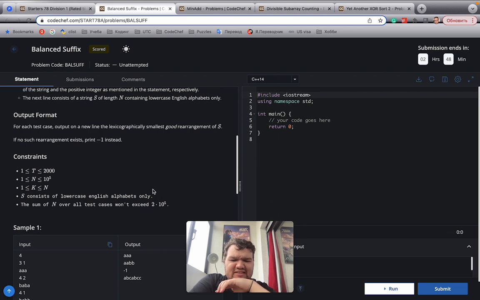Well, I guess we can maintain a set of possible next characters, take the minimum by character, put it, decrease its frequency. If it became equal to maximum minus k, then remove it from the set of options.